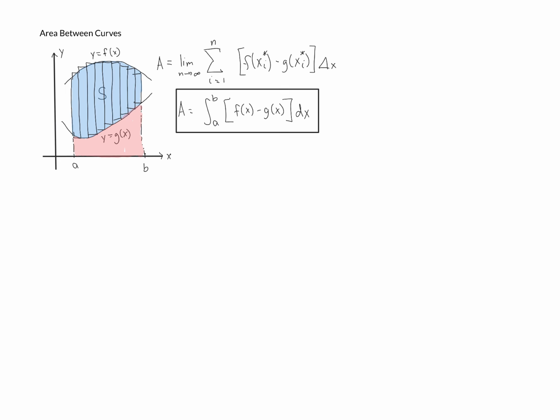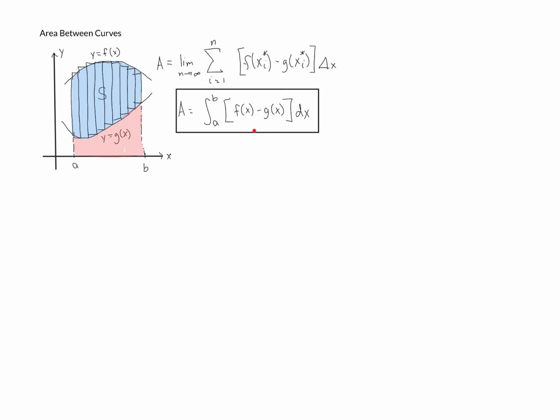And so if we took the integral of f of x, we would get the whole area, both the blue and the red. And then to subtract away the red area, we would subtract away the integral of g of x.